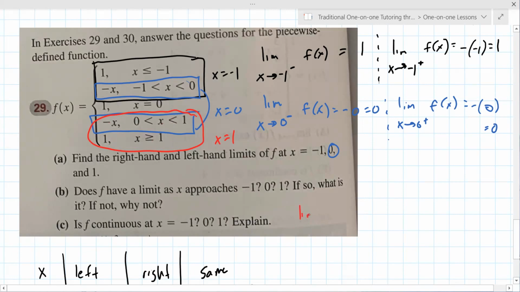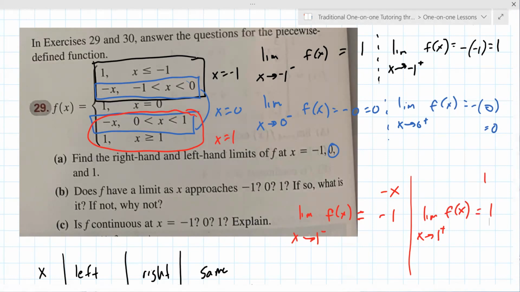So it's the limit as x approaches 1 from the left, f of x, and that's the minus first one. Yeah, it's -1 because it's minus x. And then you do the limit as x approaches 1 from the right, f of x, which is 1. So -1 does not equal 1.